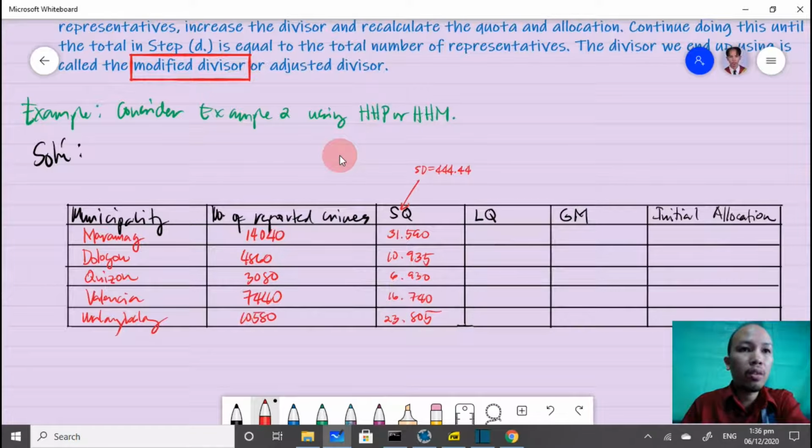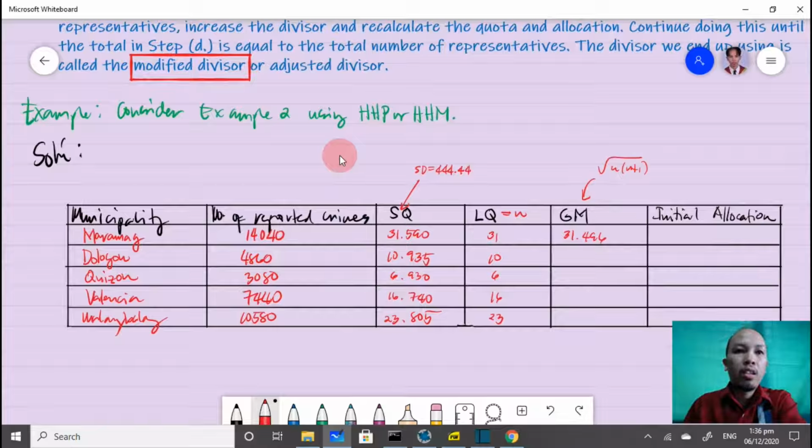In step C, you are going to get the lower quota, rounding down, just like the Hamilton plan. This is 31, 10, 6, 16, and 23. To calculate the geometric mean, this is your n, so this is the square root of n times n plus 1. For 31, you substitute the square root of 31 times 32, and the answer is 31.496.